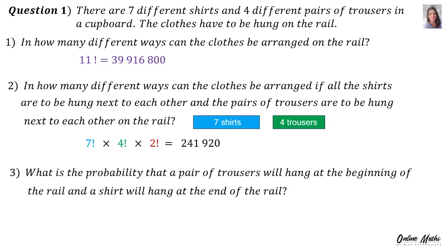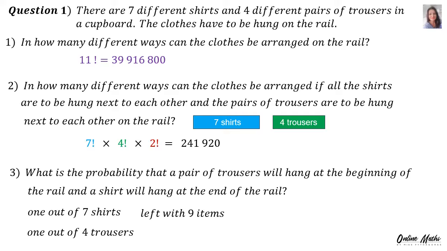Question 3. What is the probability that a pair of trousers will hang at the beginning of the rail and a shirt will hang at the end of the rail? Now, do you agree this implies 1 out of 7 shirts and 1 out of 4 trousers? And then you are left with 9 items.